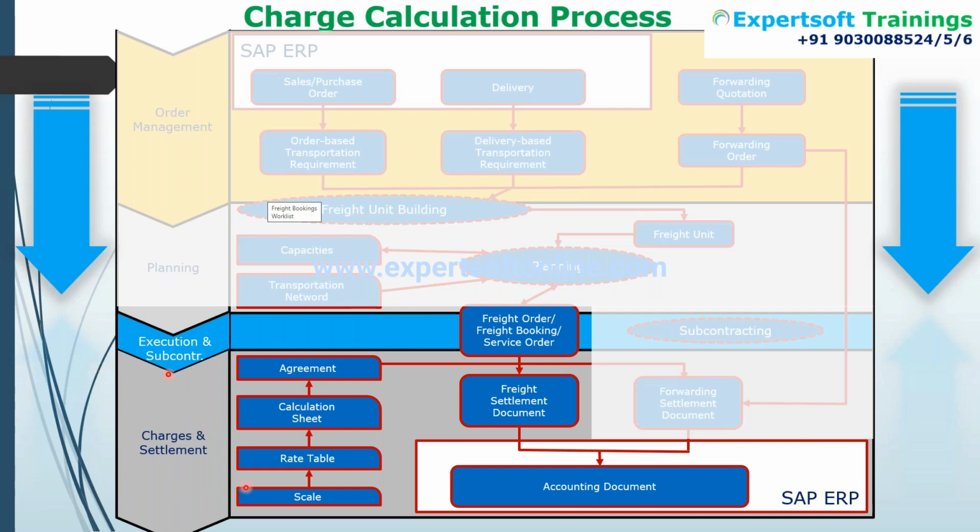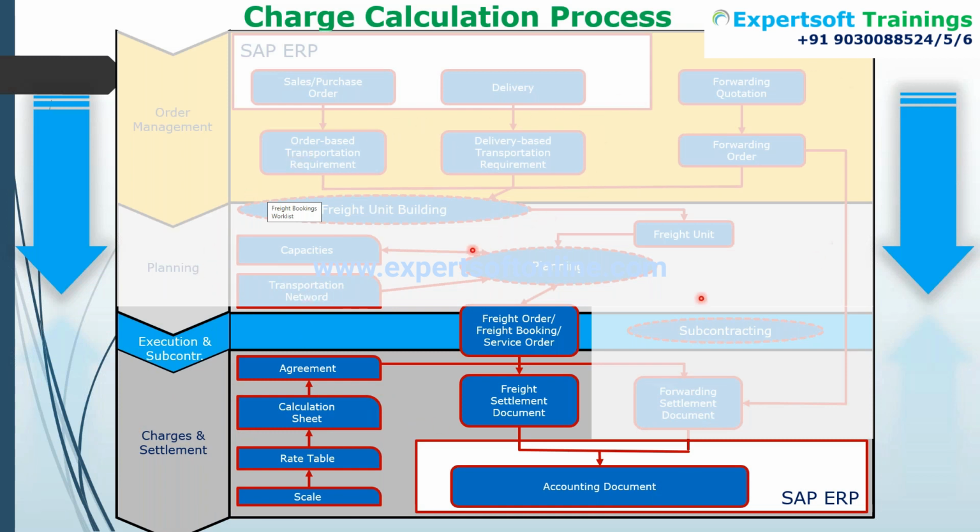So this has more weightage. I will say about 60%, 70% of the weightage goes here. The remaining is all straightforward. And between you and me, the majority of the workload is on charges and settlement only.